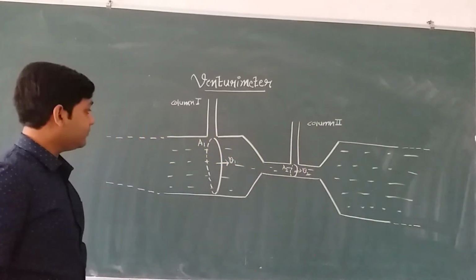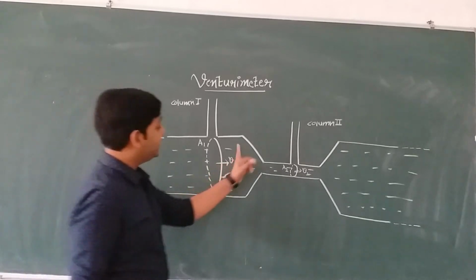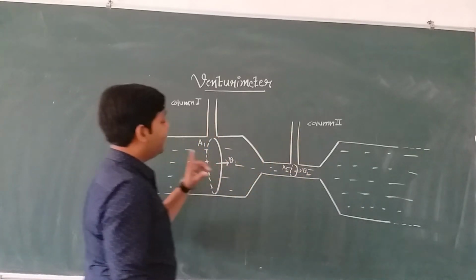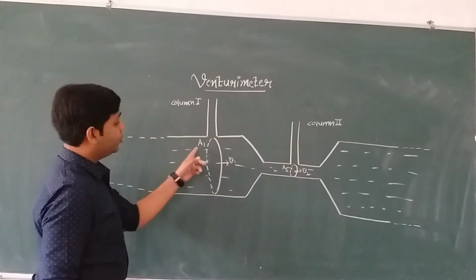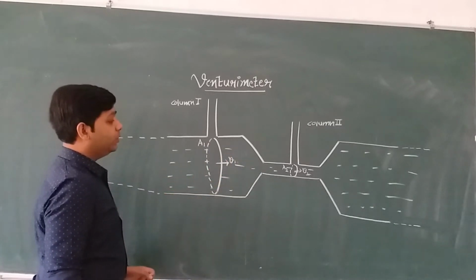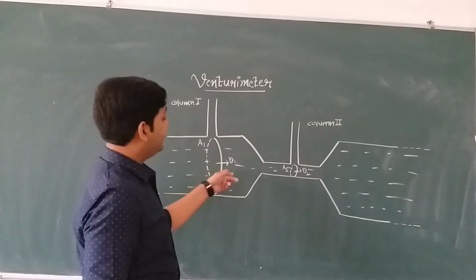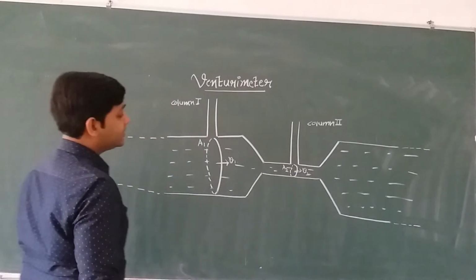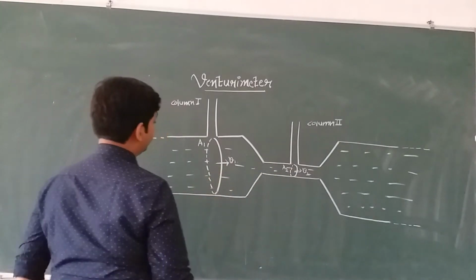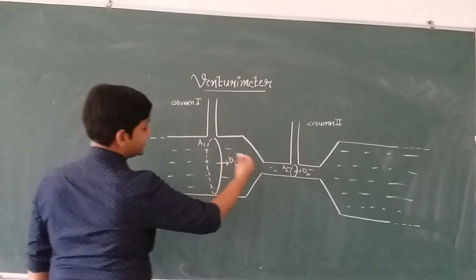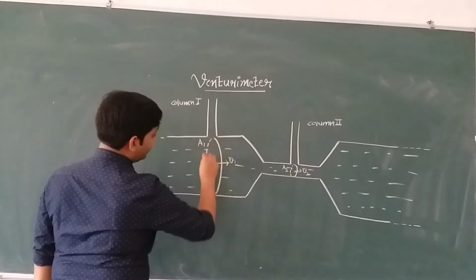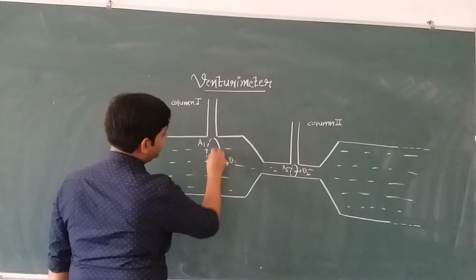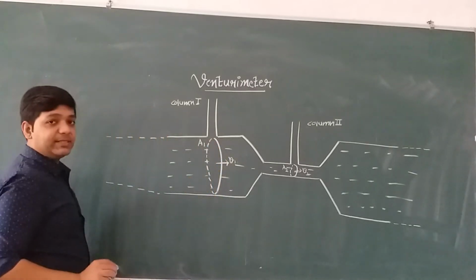Fine. Can you tell me the relation between v1 and v2? By the equation of continuity, we know A1 is greater than A2, so definitely v1 will be smaller than v2. Now, since this is a streamline flow, if we consider this cross-sectional area, the pressure at all points will be the same.